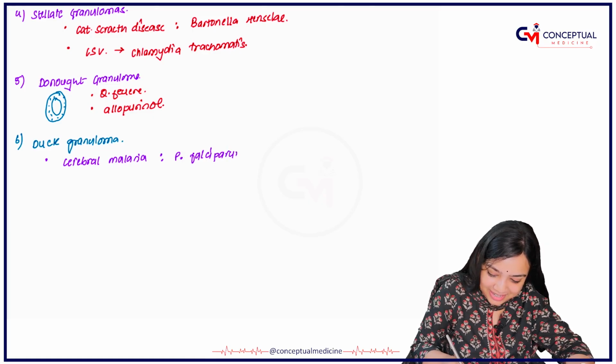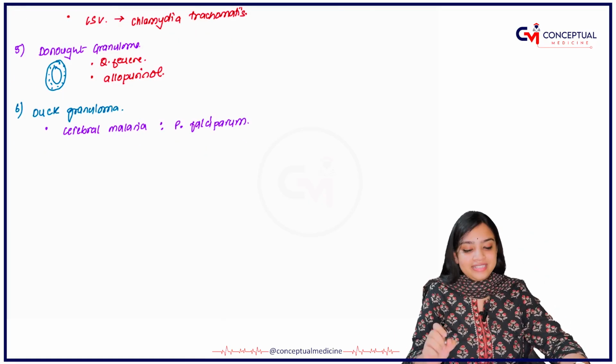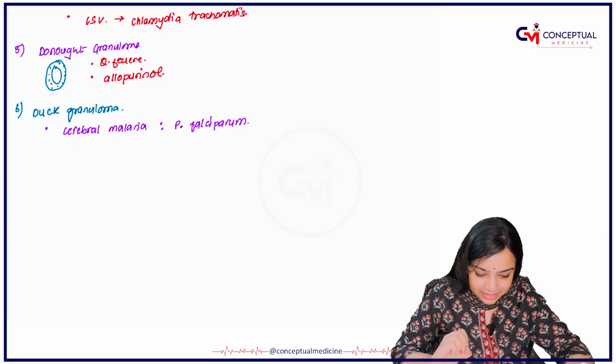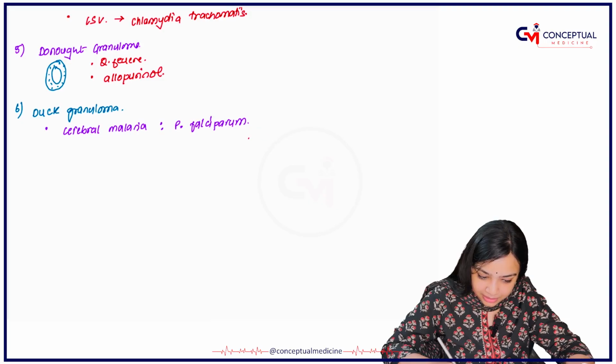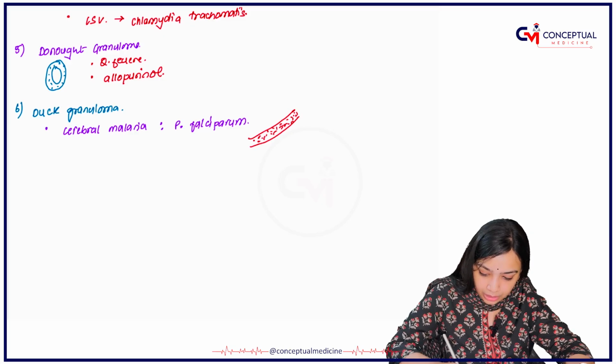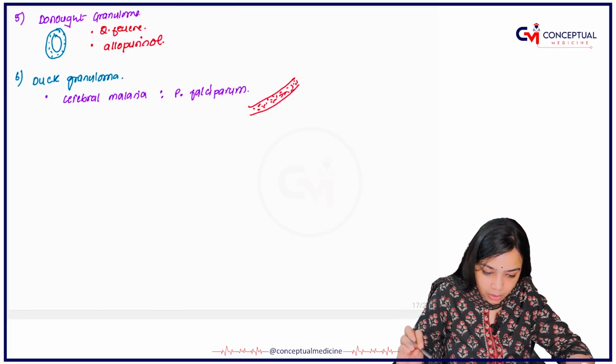I'm just sorry, I just had a slip of tongue. It is associated with your Plasmodium falciparum. Okay. See, what is happening is if you will take a blood smear now, then in the blood smear, you are able to appreciate some small granules that are called your Dürck granules.